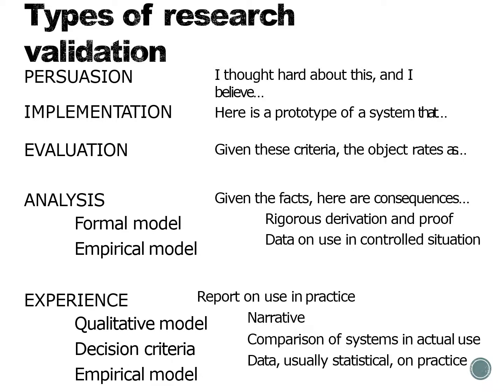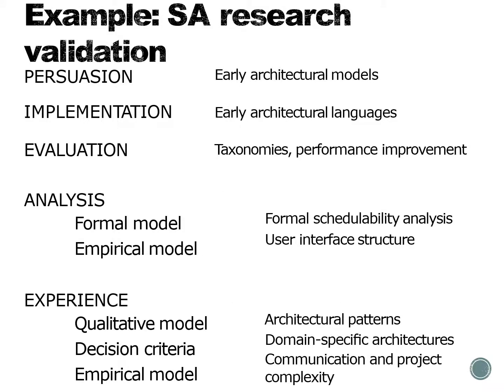These are more or less related to the different ways or different objectives of the defined research project, on what we are actually trying to achieve. What can we validate?